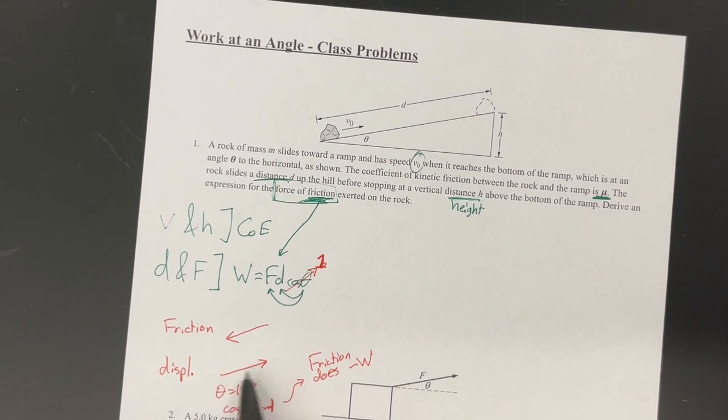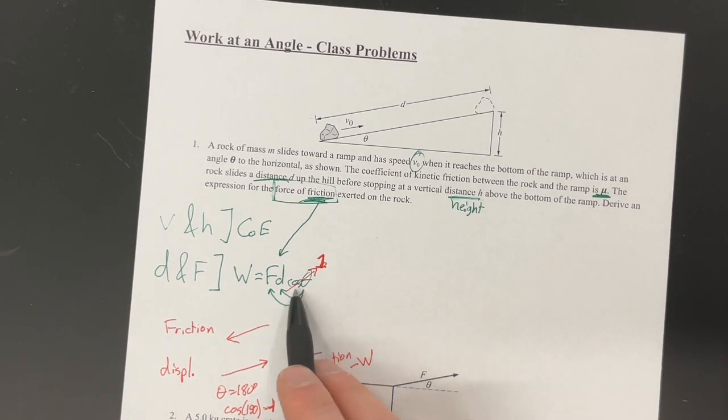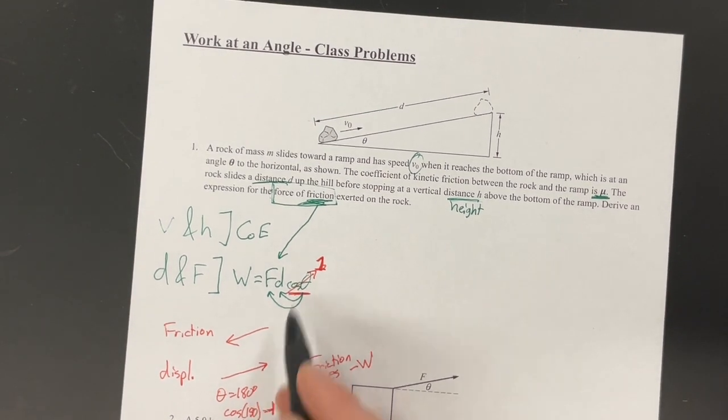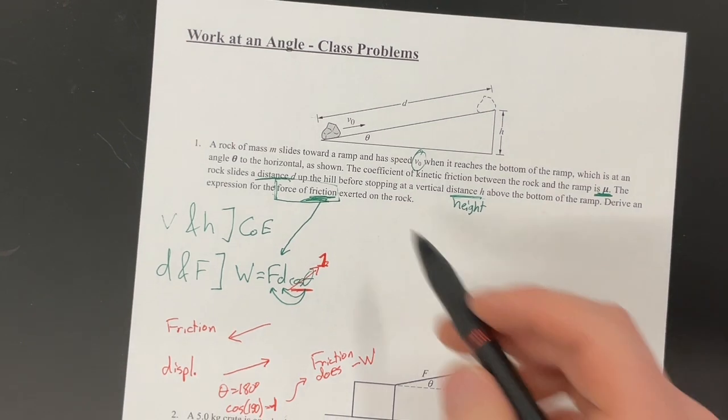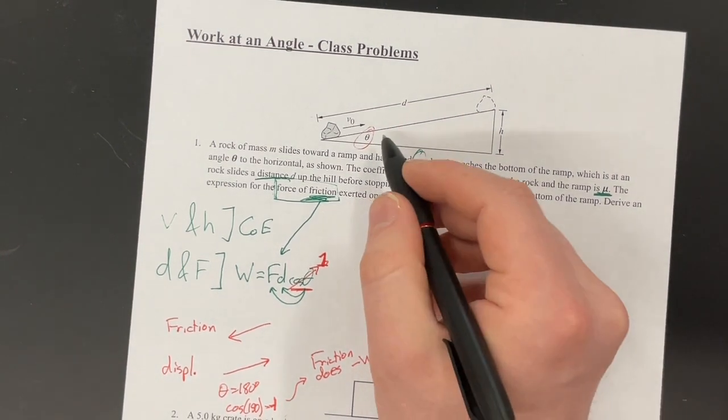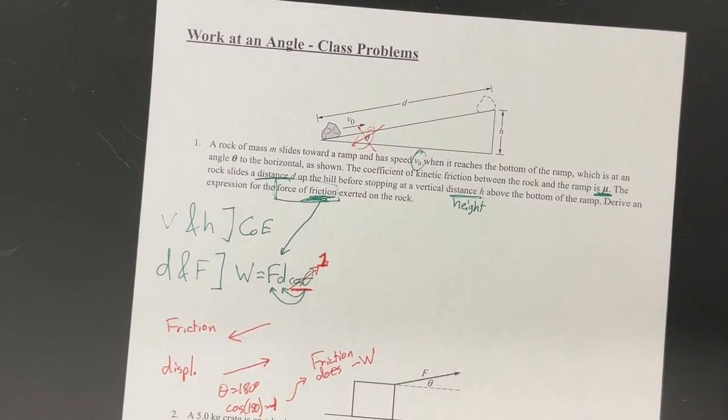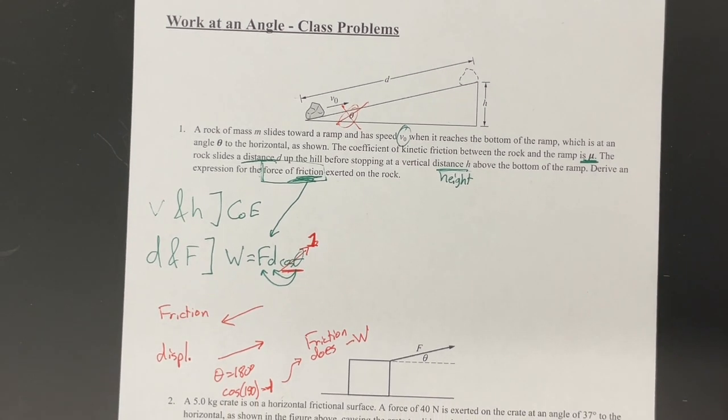And because they're along the same line, we don't have to worry about this cosine. Half of the struggle with doing energy when there's angles involved is figuring out when there's an angle in the problem that you don't need versus when there's an angle that you do need. That's what our problems are going to continue doing as we go through them. So friction does negative work, but we can get rid of this cosine here.